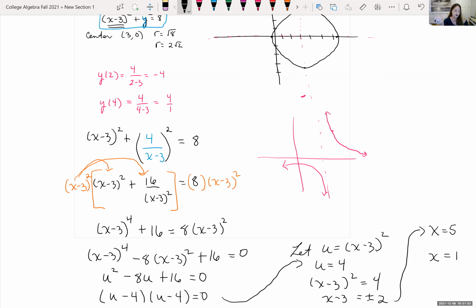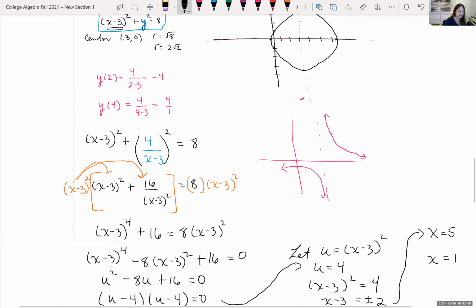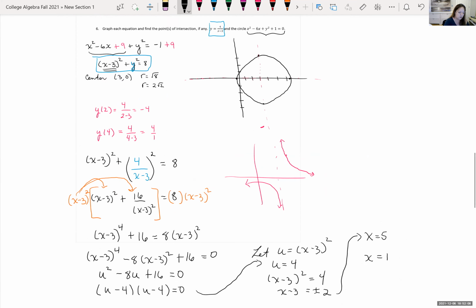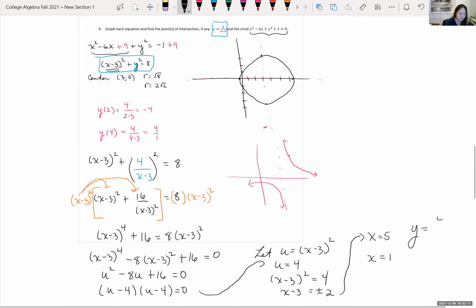So there's two places where the graphs are going to intersect. That's just the x value though, and we want the y value also. We want to know what that point is. And so we have to use one of our equations. So let's use that equation y equals 4 over x minus 3. So if we look at y at 5, plugging in 5 wherever we see an x, this is going to be 4 over 5 minus 3, or 4 over 2, which is 2.